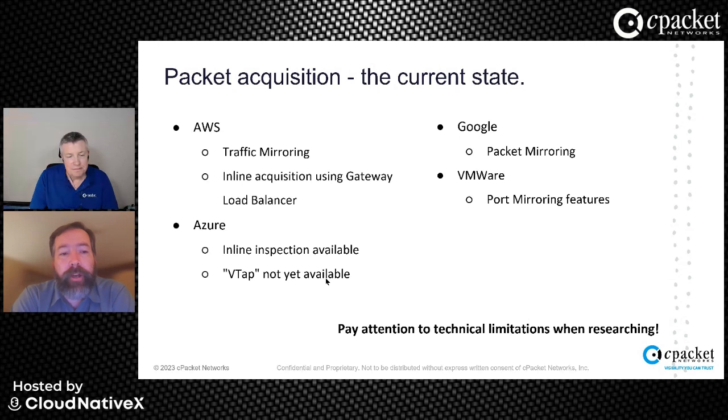We also have the ability to acquire traffic in an inline mode and make decisions on traffic in security contexts using their Gateway Load Balancer product. So we really have all of the key features on AWS to do both out of band. Actually, that's a good point to make: packet mirroring is often out of band, so it's not affecting the production workloads, whereas inline approaches are in the production data path, right?